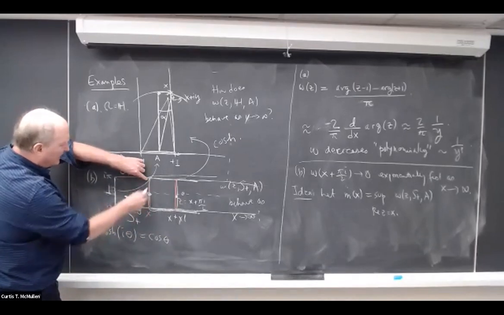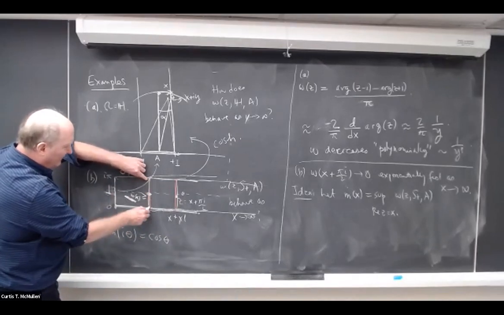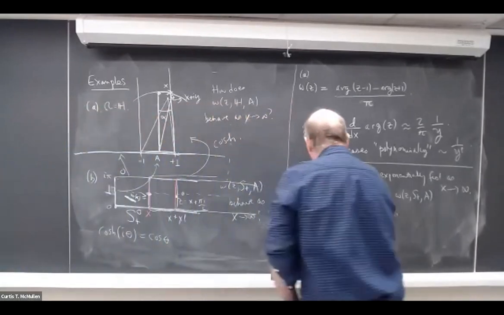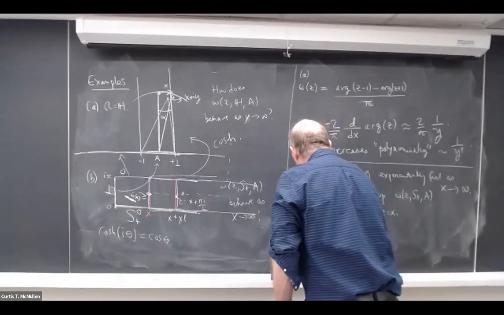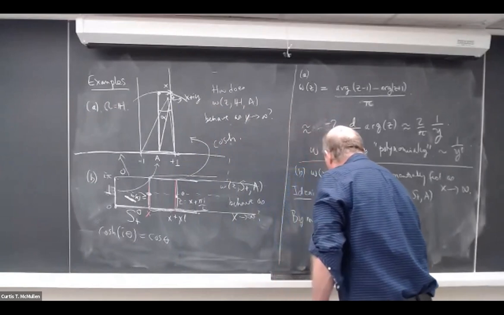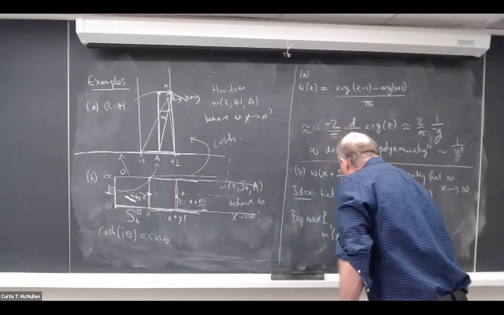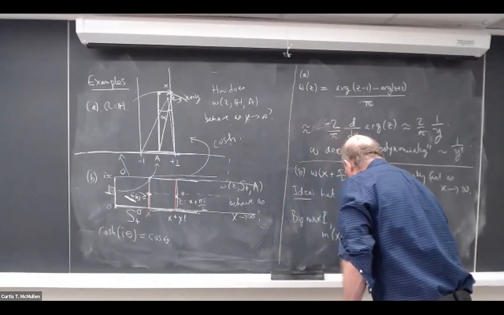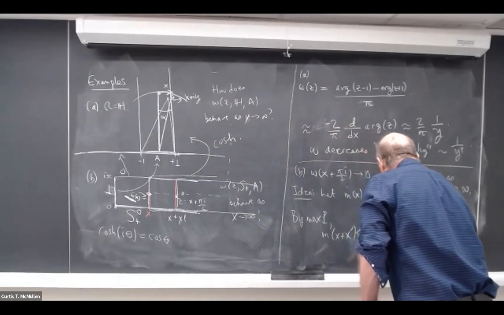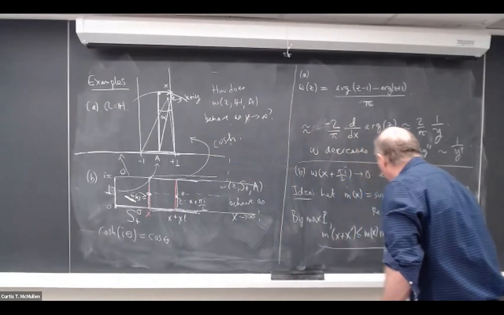It gets smaller because we have a better bound on the value of the function at the edge of the half-infinite rectangle. So by the maximum principle, what we find is that m of x plus x prime is less than or equal to m of x times m of x prime.